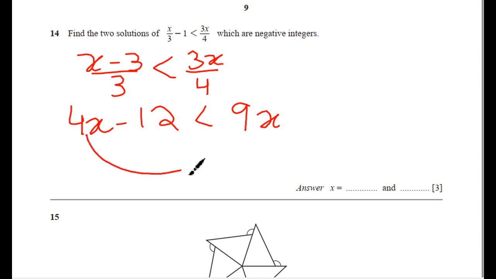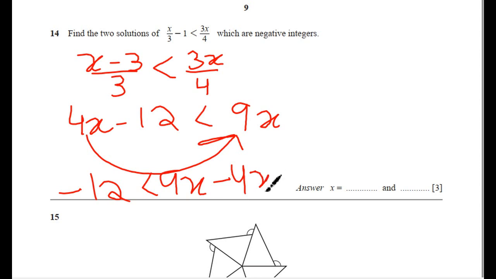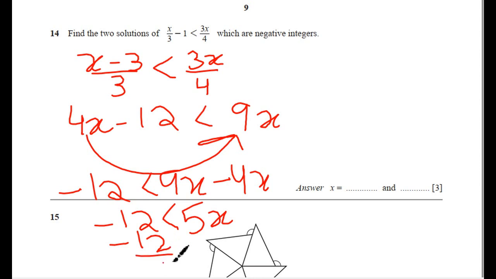Next I would like to move this to the other side. So minus 12 less than 9x minus 4x, which becomes minus 12 less than 5x, and then minus 12 divided by 5 is less than x.